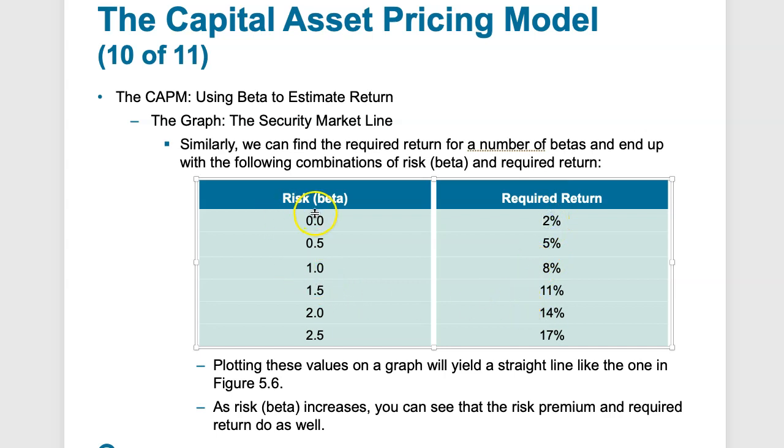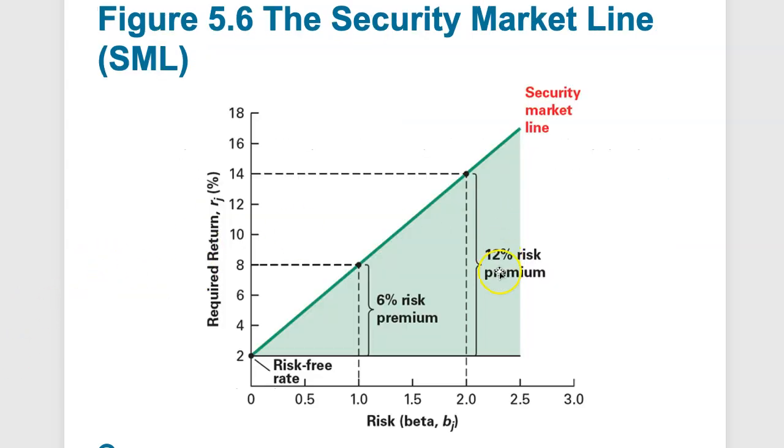Okay, so this is the beta for various potential betas, and then the required return based on the change in that beta. So this is what we're going to plot on the chart to see the risk and how the risk premium changes. So here we go. Here's the security market line. The risk-free rate is at 0, we are expecting a 2% return.